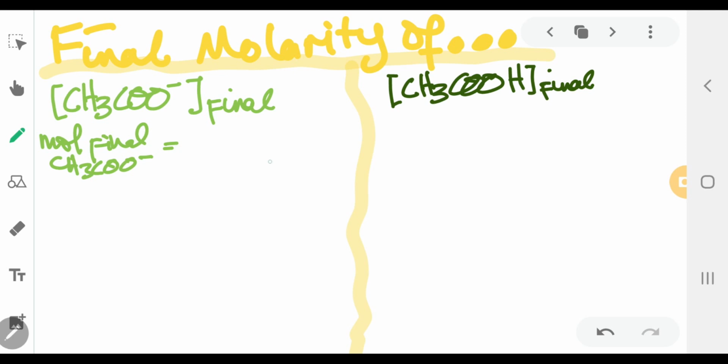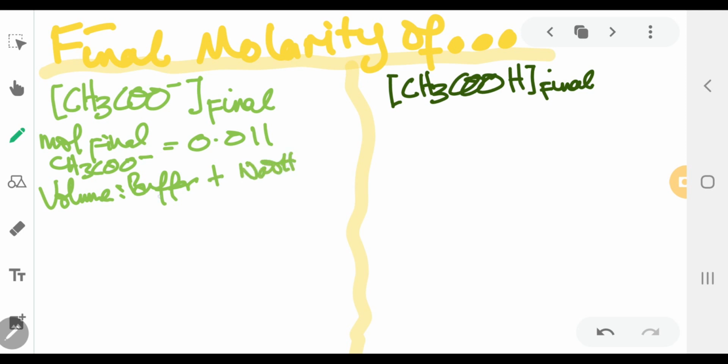The final mole for CH3COO minus is 0.011, and the volume, remember, will be buffer plus NaOH added. Buffer is about 250, NaOH is 1, therefore the volume is 251 centimeter cubic.